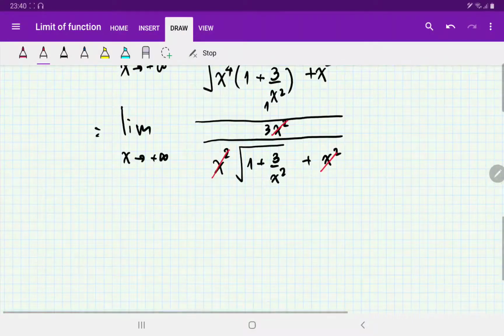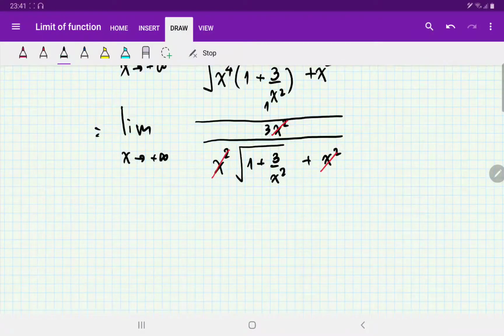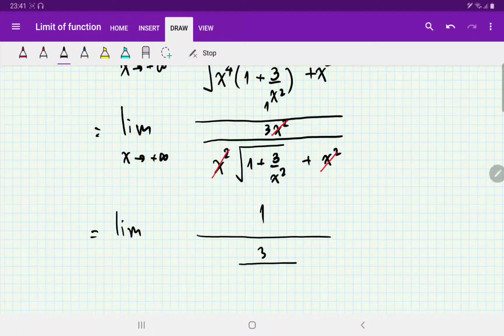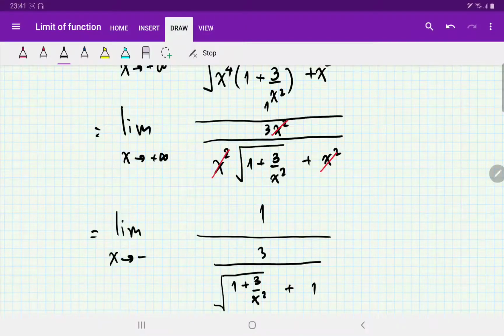So I try to write it down in a simple way. Now we have the limit of 1 over 3 over the square root of 1 plus 3 divided by x squared, plus 1, as x approaches plus infinity.